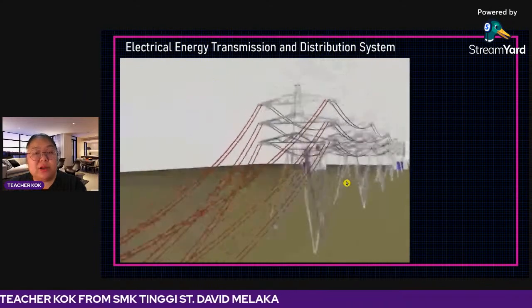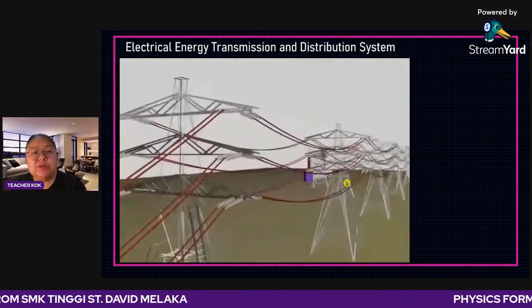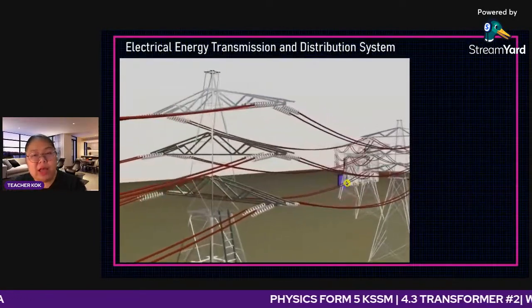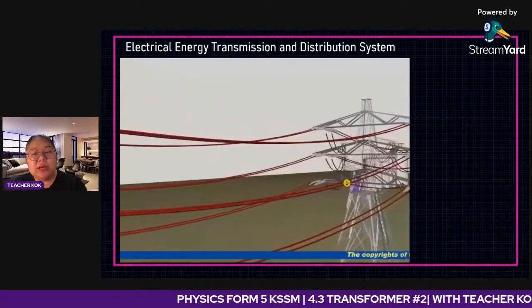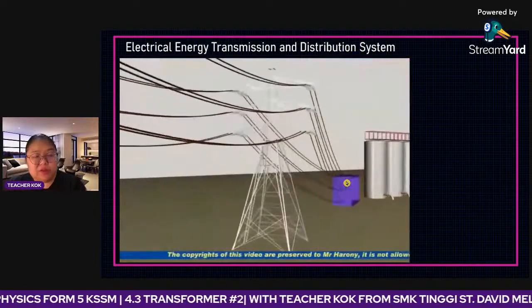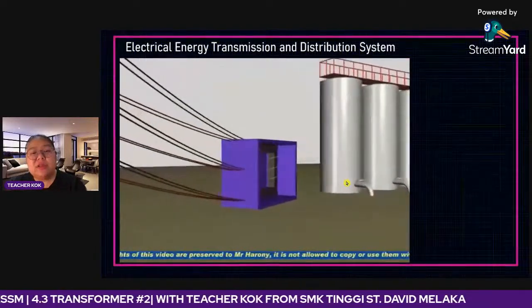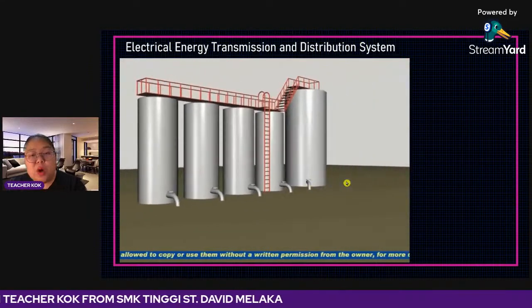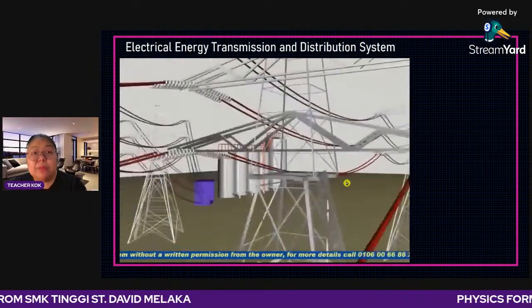Step up voltage means the current becomes lower. You can see the cable is so long when you want to send. The cable is so long, so they want to reduce the resistance. But reducing resistance is also no use; using a thick wire is very expensive. So that's why they make the current become smaller.